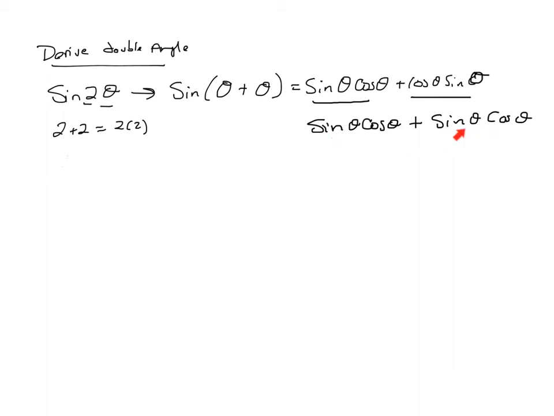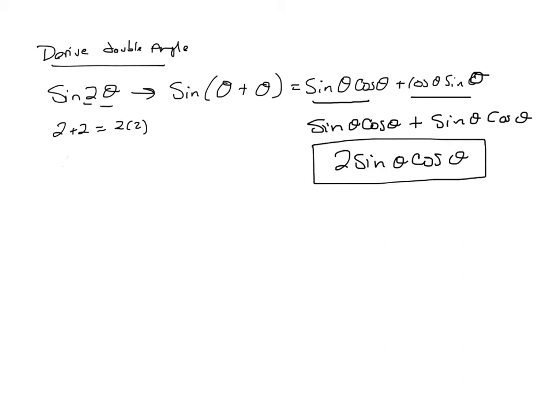So if this was x and this was x, you would say, oh, it's just two of these, right? So it's kind of like saying, hey, if this was xy and this was xy, that would be the same as 2xy. So I'm going to do the same exact thing. I have 2 sine of theta, cosine of theta. And that was our identity for sine.